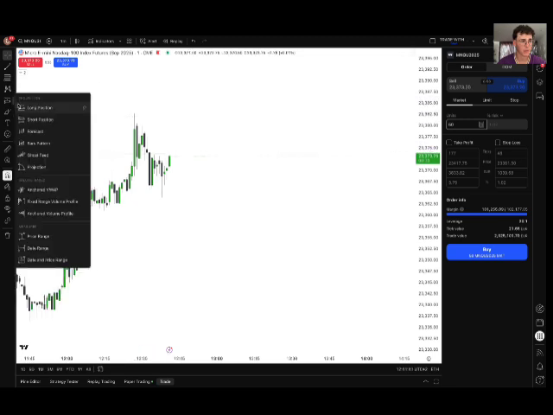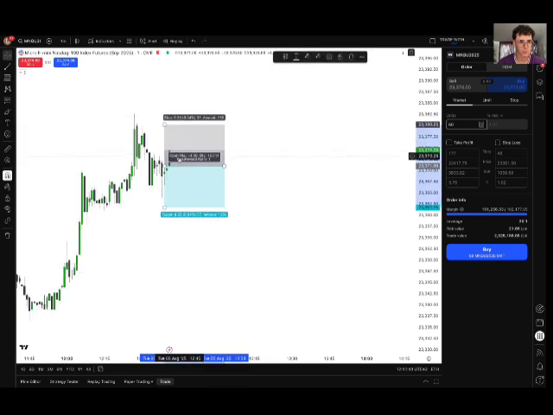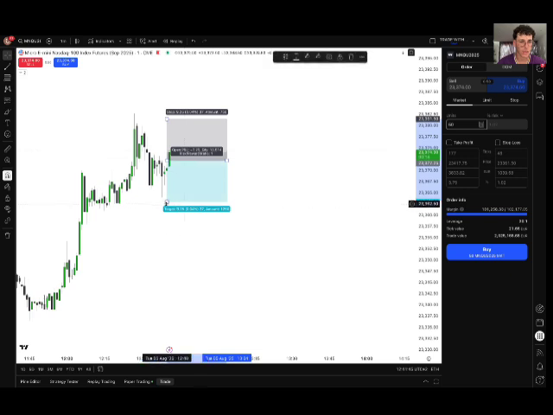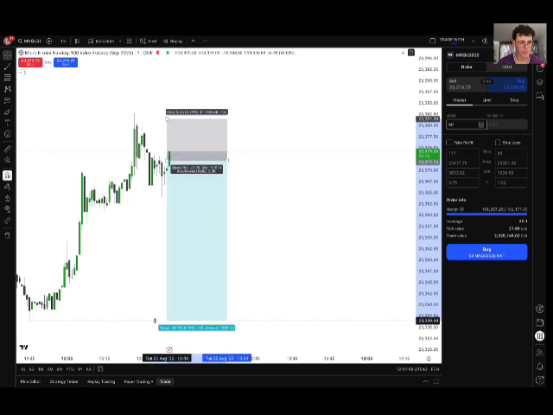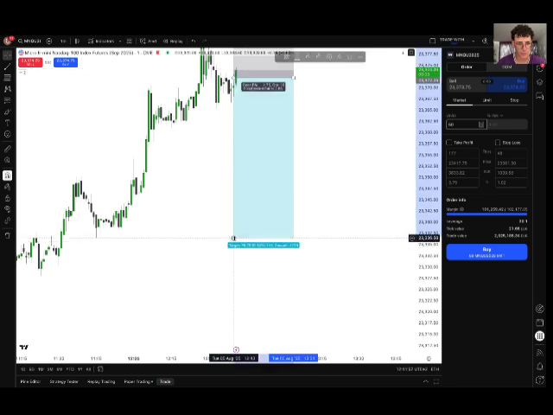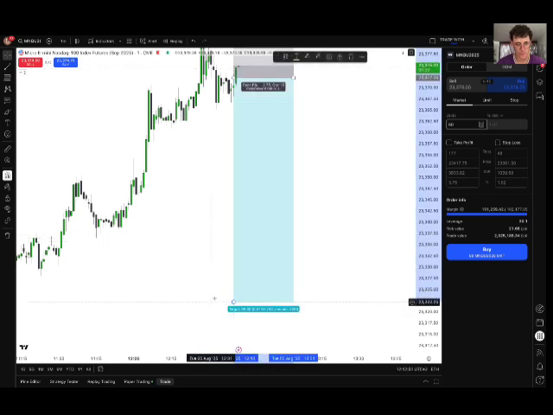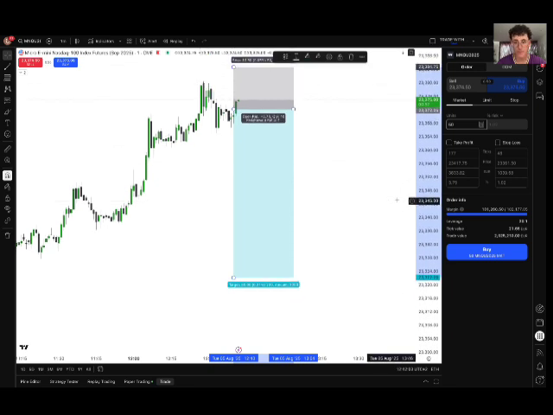I'm going to put the short position for an example, and I want to put my take profit over there, and I'm going to put my stop loss 50 ticks. I'm actually going to target down here. Just an example.